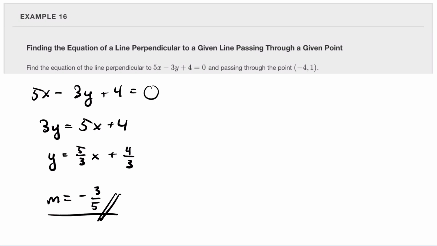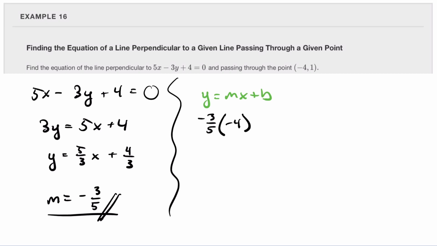Again, I'm just a fan of using the slope-intercept, y equals mx plus b. So our slope is going to be negative 3 by 5. Our x is negative 4. We're solving for b, and our corresponding y is 1. So then b is going to be equal to, so that double negative is positive, so we're going to have 1 minus 12 over 5.